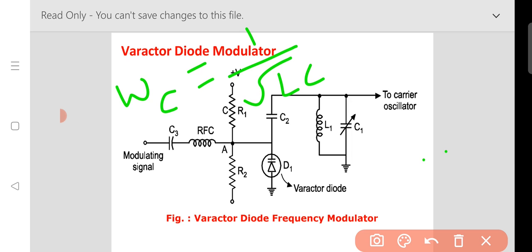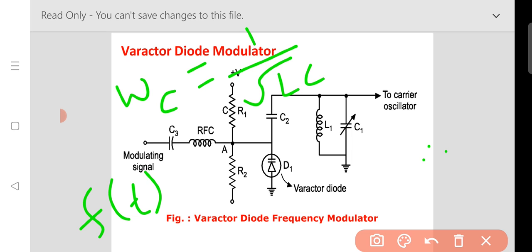This frequency is varied according to the modulating signal, that is, f of t. So the inductor and capacitance are varied according to f of t. In other words, the modulating signal controls omega, the carrier frequency.